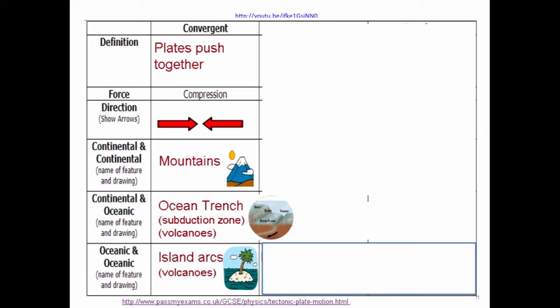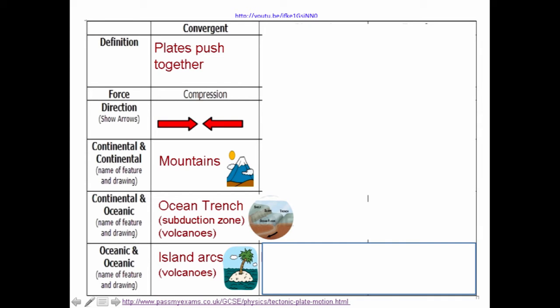The reason for this is that the thin oceanic crust, even though it is thin, is a lot denser, so it's going to push and go underneath the continental crust. This is what we call the subduction zone. It pushes down, and the place where the oceanic crust goes under creates this little V shape. That is what is called a trench.